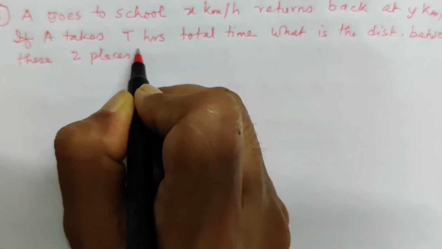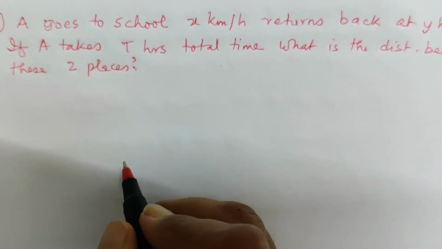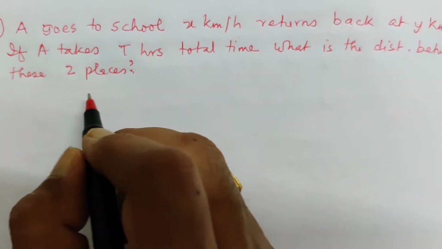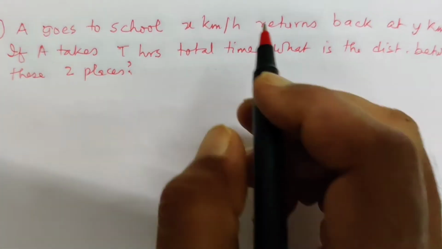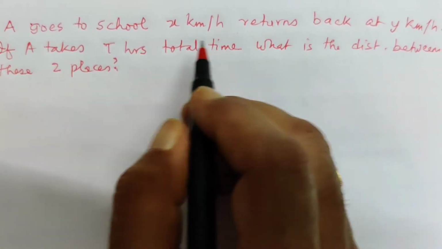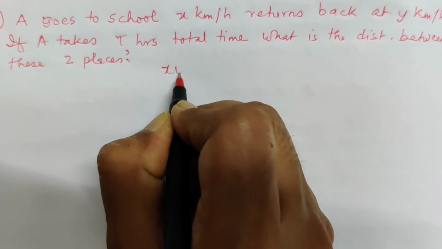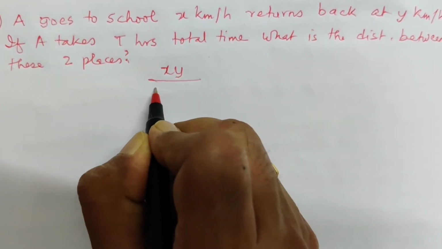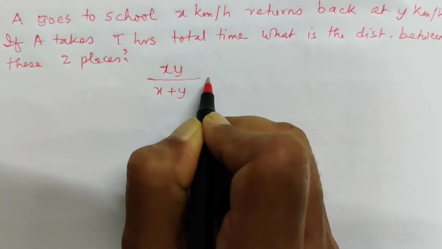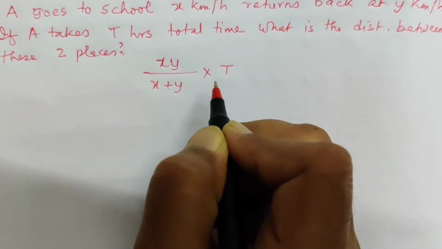This is a general problem. So we have come out with a shortcut for this problem. If this is x, this is y, and this is t, the shortcut is xy by x plus y into t.